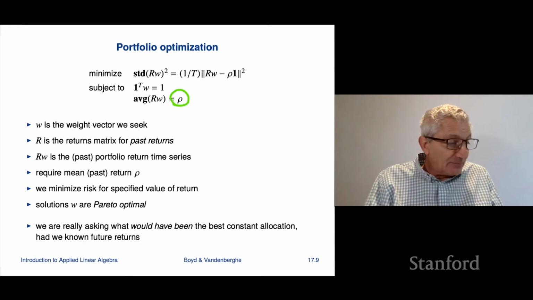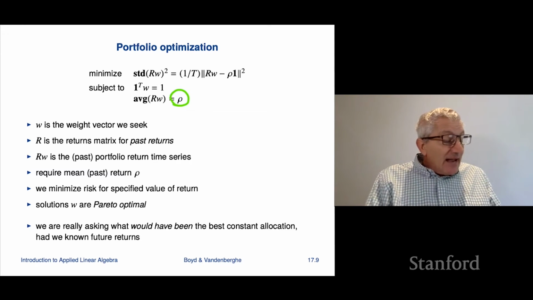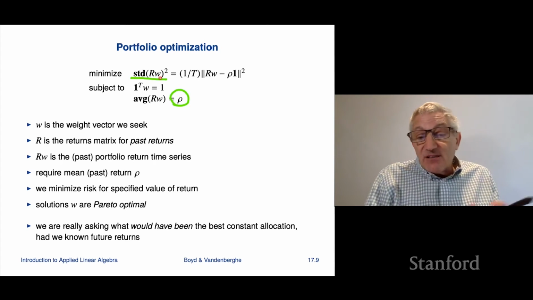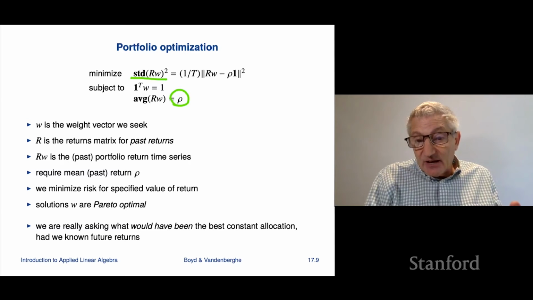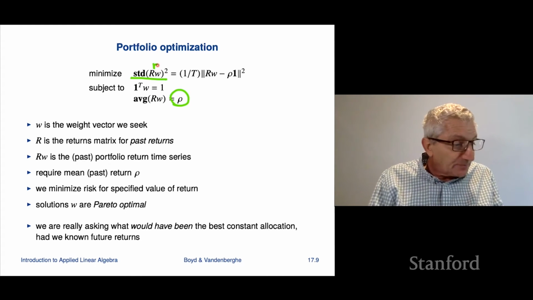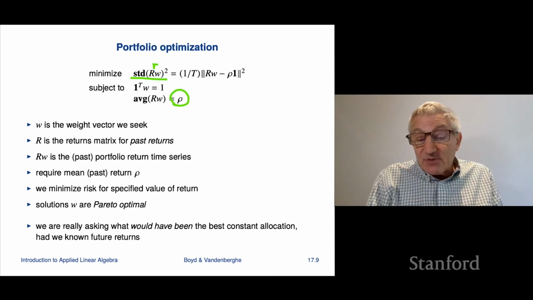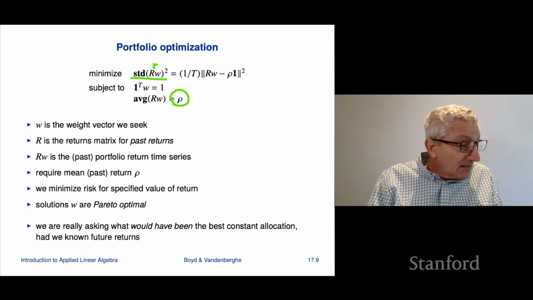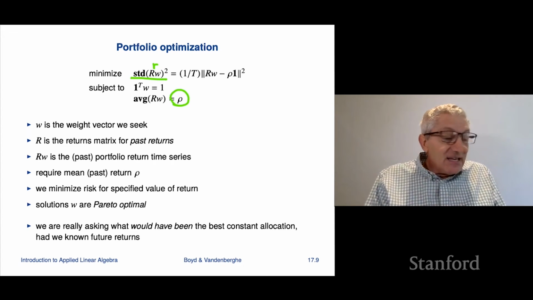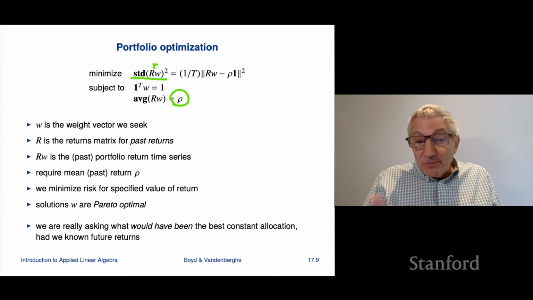That's it. Okay. Now, what we're going to do is minimize the variance of the time series little r, which is the portfolio return. Now, the variance of something is the mean square deviation from the mean.